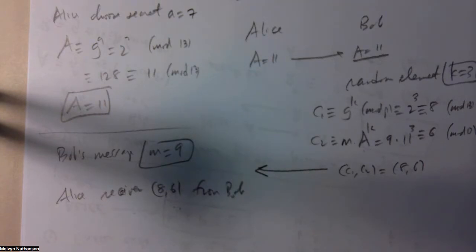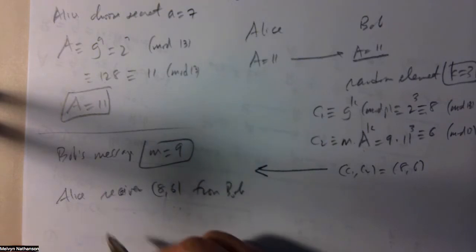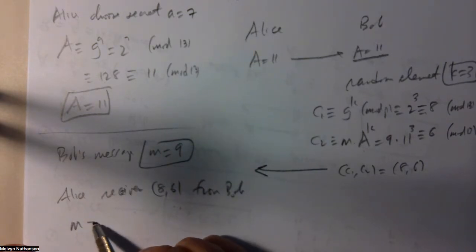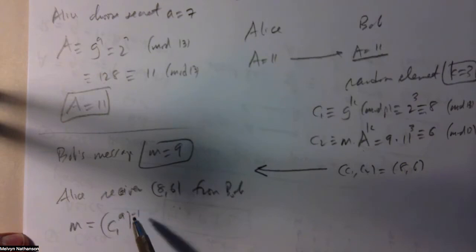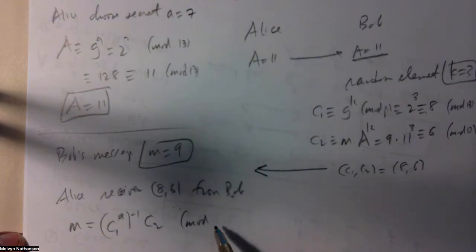What Alice does is calculate the following. She takes the first number, C1, raises it to the power a, her secret number, takes the inverse of that, and multiplies it by C2, and reduces this mod the prime 13.